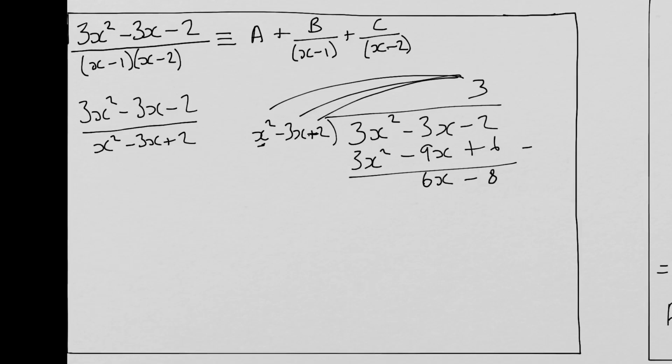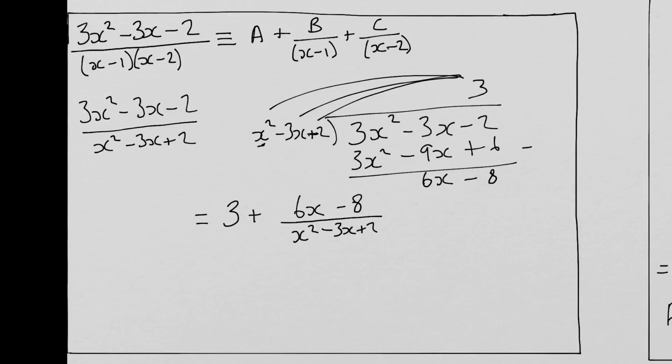So far, what we have is when you divide 3x squared minus 3x minus 2 by x squared minus 3x plus 2 is 3 whole plus this 6x minus 8, and all of that is over the original denominator, which is x squared minus 3x plus 2.